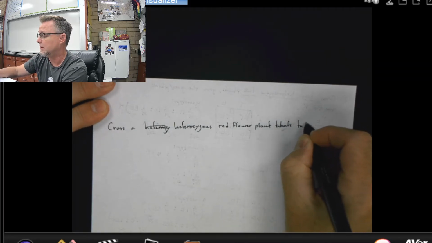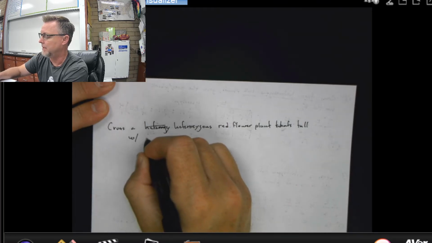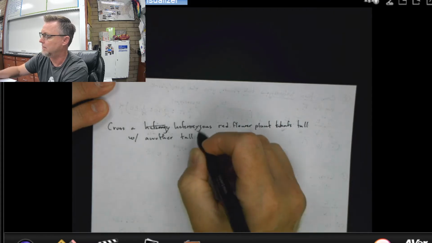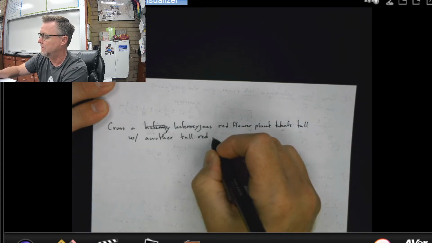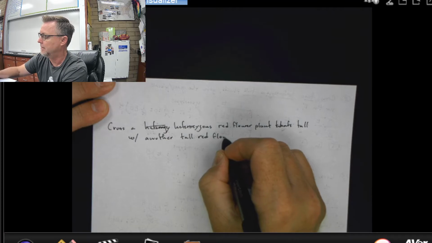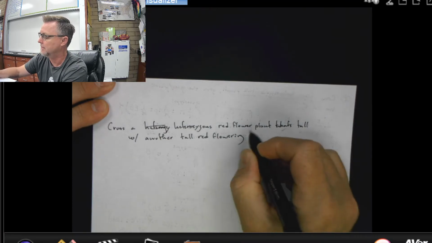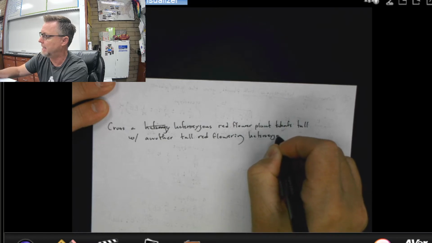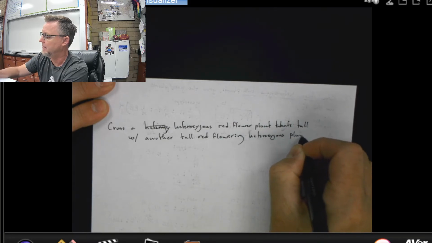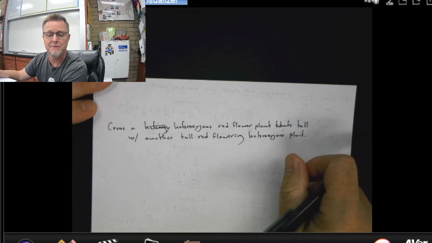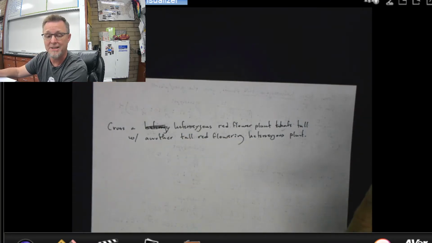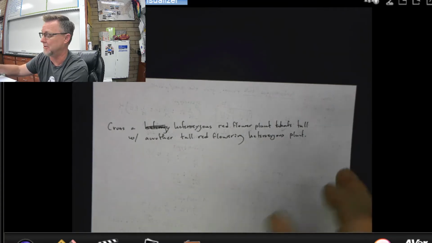That's tall with another tall red flowering heterozygous plant. Okay, so what this amounts to is you've got 2 heterozygous red flowering plants, and you want to predict what their offspring are going to look like.